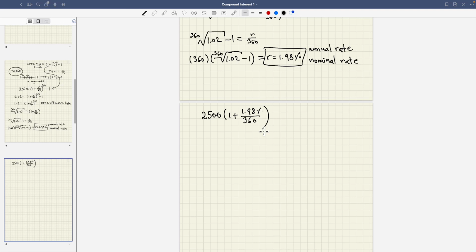Remember what we did earlier, that this line was a year, and it was divided into 360 intervals of equal length. There will be 360 such intervals in 1 year.